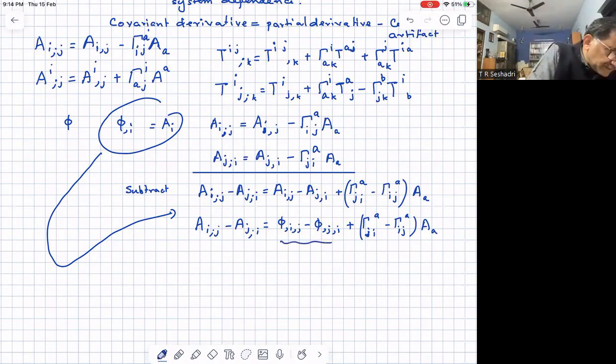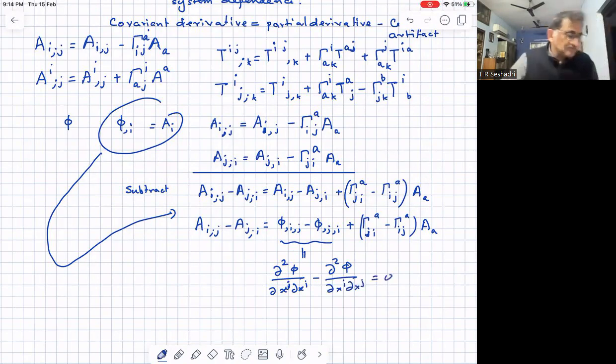This quantity is ∂²φ/∂x^i∂x^j minus ∂²φ/∂x^j∂x^i, which is equal to 0, because the order of partial derivatives does not matter.